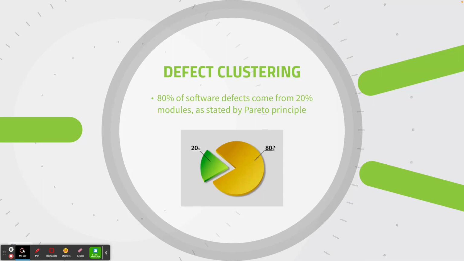So let's suppose in an application you have 100 functionalities. 80% of the complete bugs that you encounter will be based out of those 20 functionalities. That is defect clustering. So the majority of the bugs you will find in the minority of the functionalities. That is principle number three, which is defect clustering.